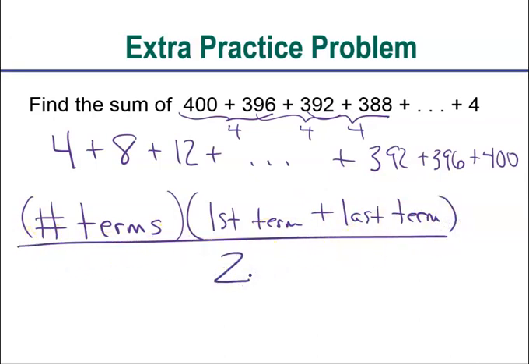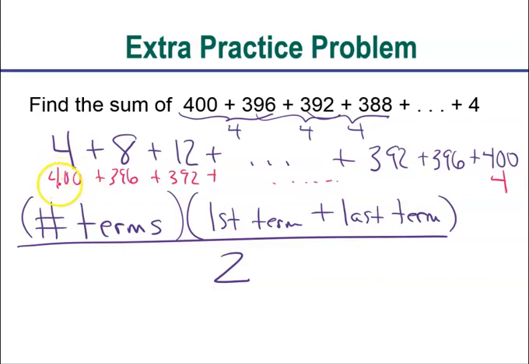And remember, the reason we're dividing by 2 is because that original method, when we wrote these in reverse, like you list it, and then underneath here, let me do this in a different color for you. What you're doing is saying this is 400 plus 396 plus 392 plus all the way down, and this one would be 4, which is our first one over here, right?